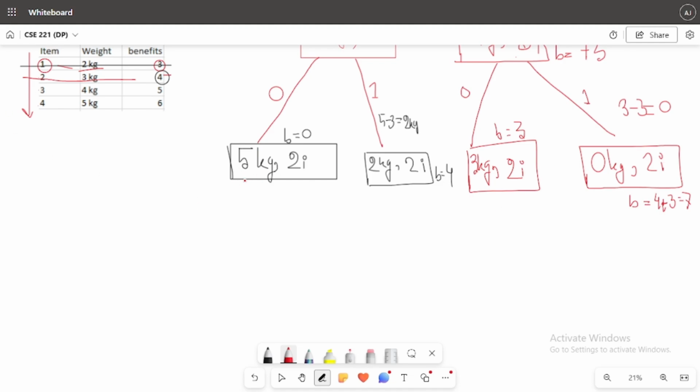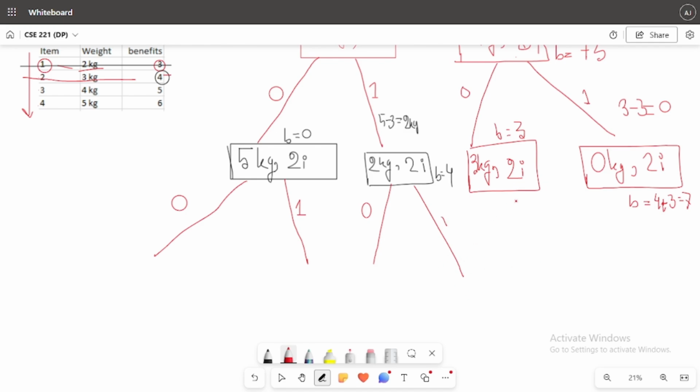So from this one it will be 0 and again 1, and the same 0 and 1.